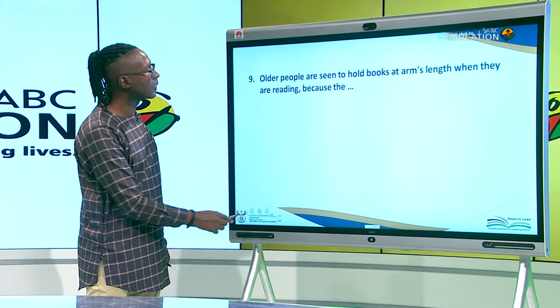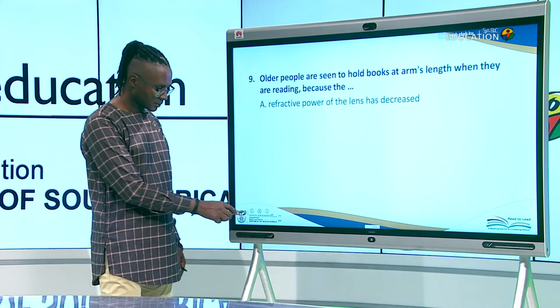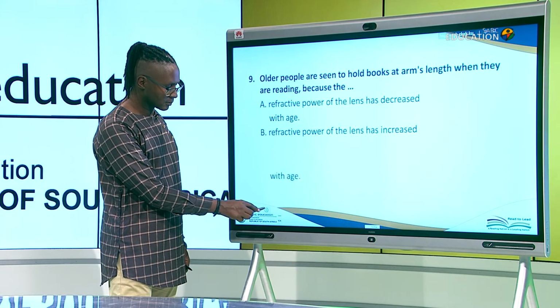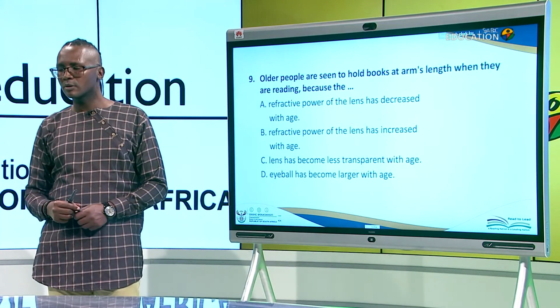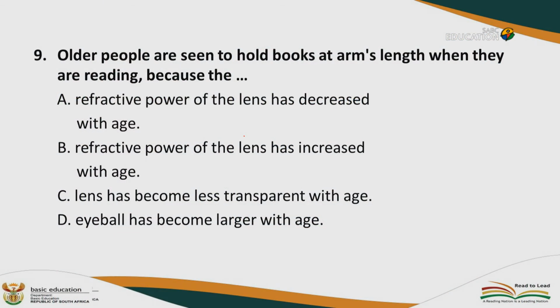Grade 12s, older people are seen to hold books at arm's length when reading. We talk about older people, like that. Because the refractive power of the lens has decreased with age.